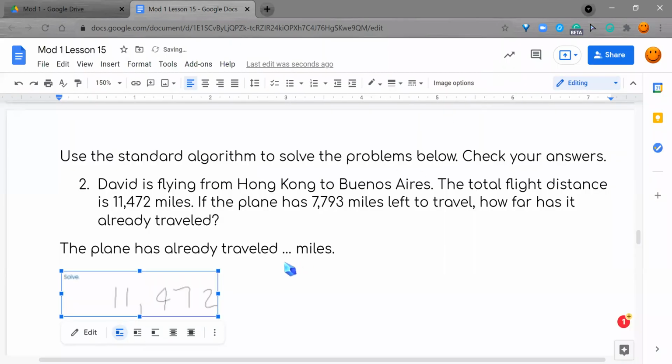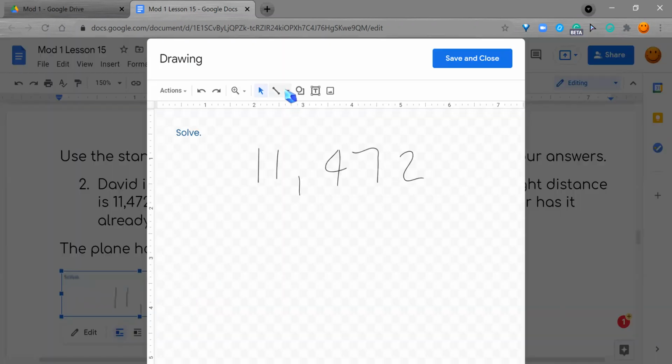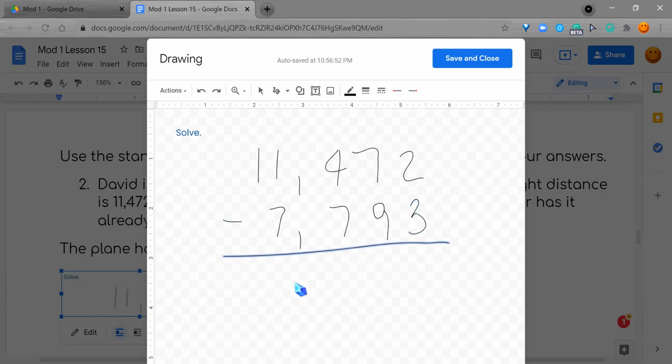So right now I'm going to hit save and close. 7,793. So I'm going to go ahead and scribble 7,793. Do you see how I make sure that each of them looks like they're in their own column? It's really important. And it looks like we're going to be regrouping.